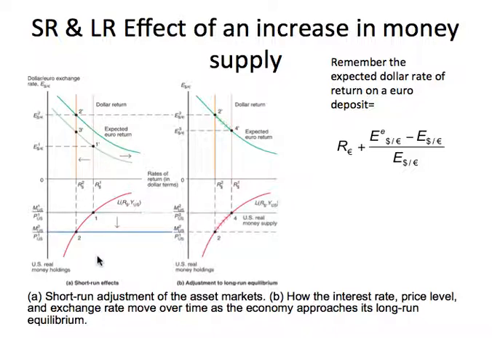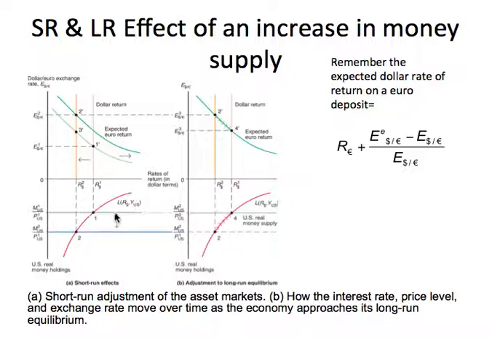As the price level rises in the long run, people also start expecting the price of the euro to go up in the future. That is, the expected exchange rate between dollar and euro is going to rise now. If it rises now, then the expected return, this whole thing, is going to rise. The expected dollar rate of return on a euro deposit is going to rise, and therefore this green curve, which corresponds to the expected euro return, is going to shift upward in the short run.